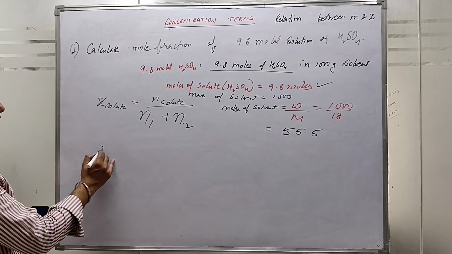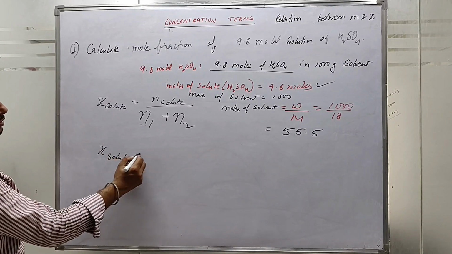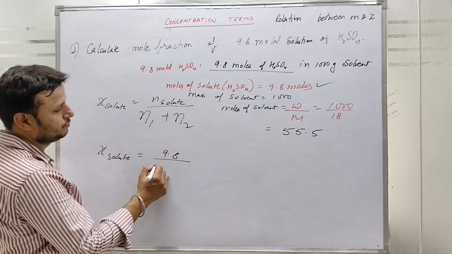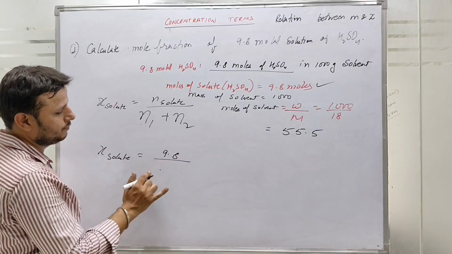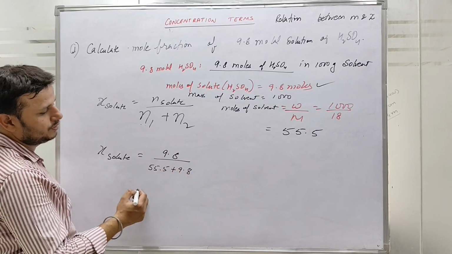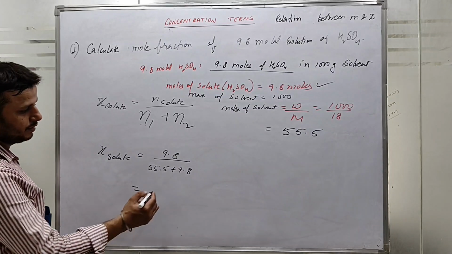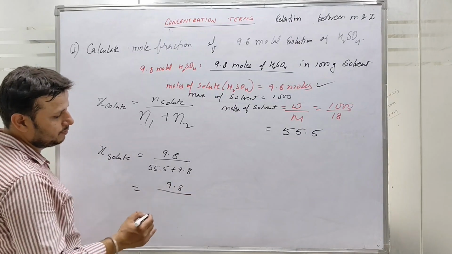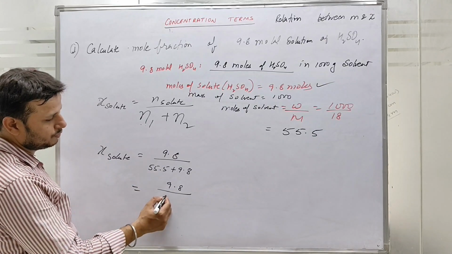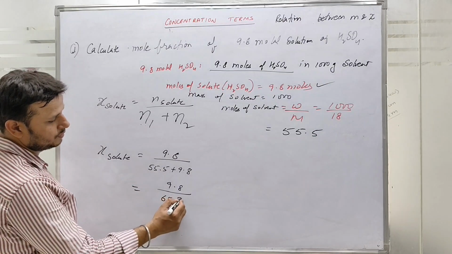So from here we will get mole fraction of solute as 9.8 moles over N1 plus N2, 55.5 plus 9.8. So that comes as 9.8 divided by 65.5 में से 2.2 कम कर दिया, 65.3.